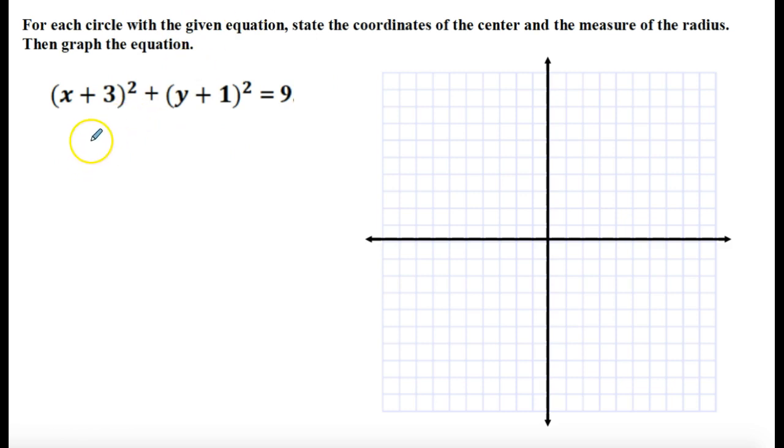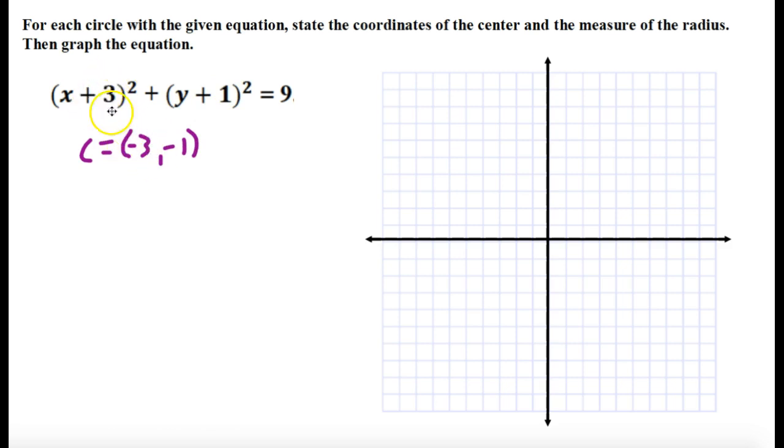So the center is going to be at the point -3, -1. Remember, if we're thinking that this is x minus h, okay? So this would be x minus -3, and this would be y minus -1, okay?